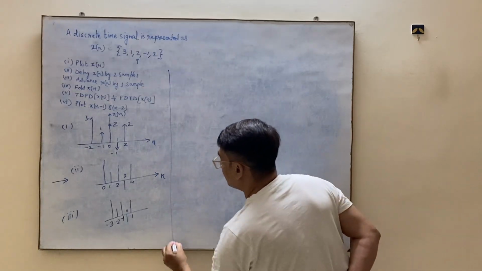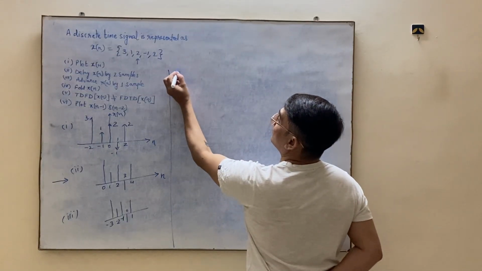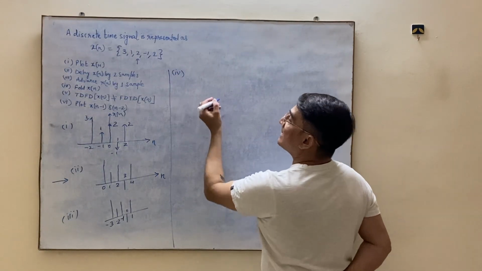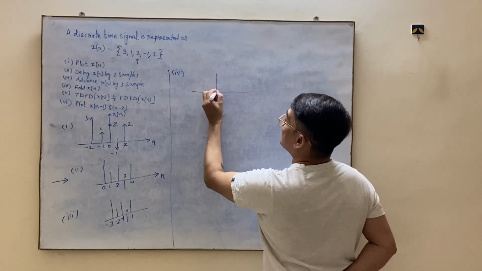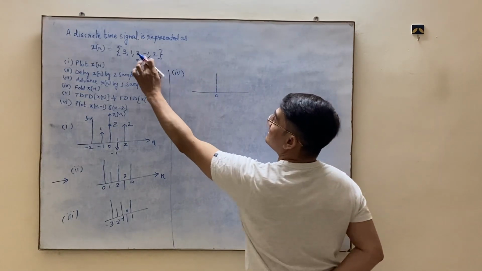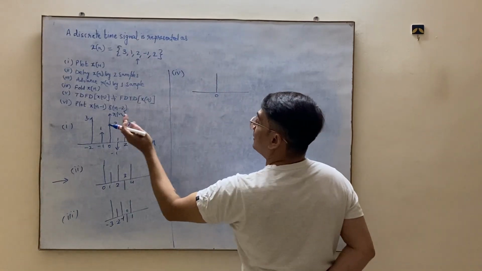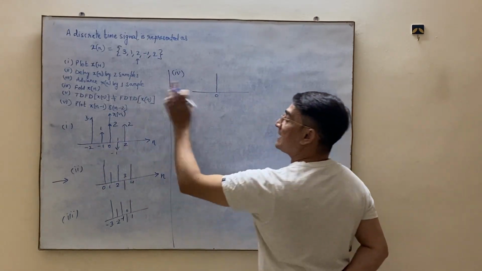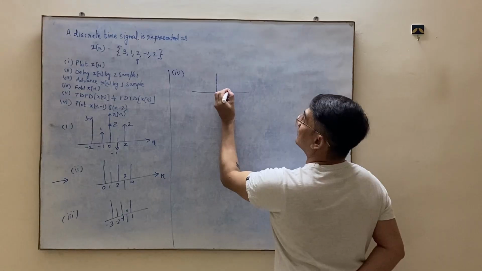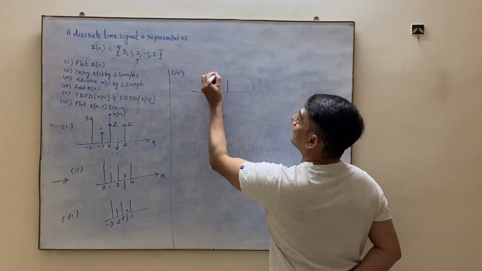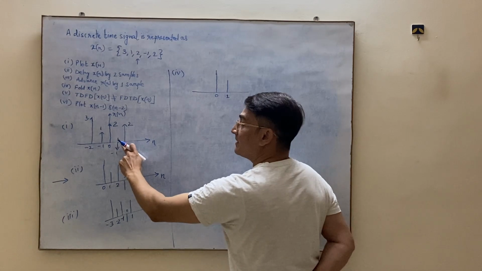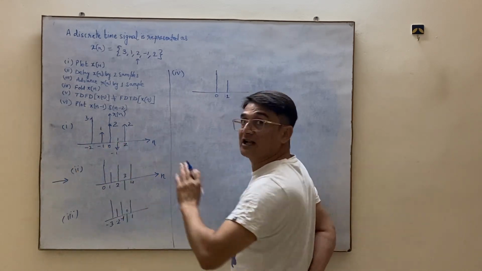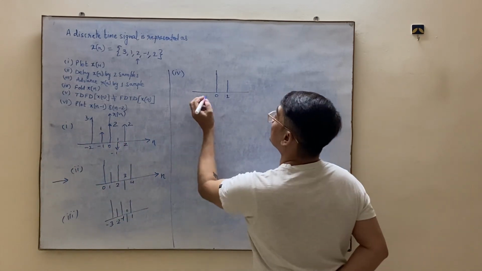Now the fourth part, fold x of n. Folding x of n means the sample which exists at n is equal to 0 is 2. Now the sample at n is equal to minus 1 will exist at n is equal to 1, which has value 1, and the sample at 1 will be transferred to n is equal to minus 1.